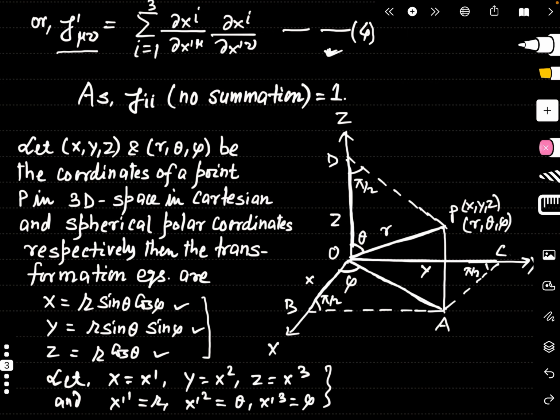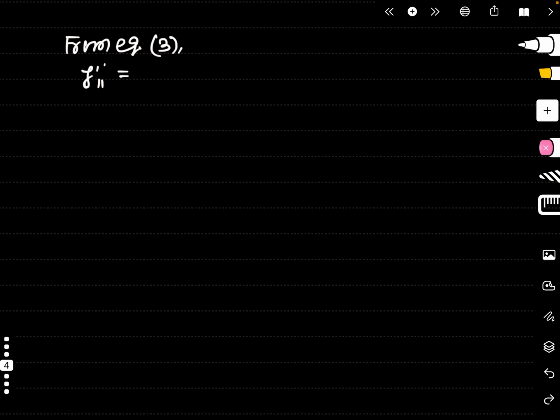You are taking mu equal to 1 and nu equal to 1, and I will be equal to 1, 2 and 3, because you can see here the limits for I run from 1 to 3. So what will be your result?